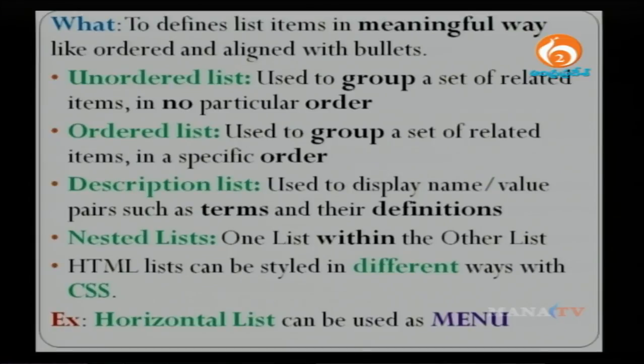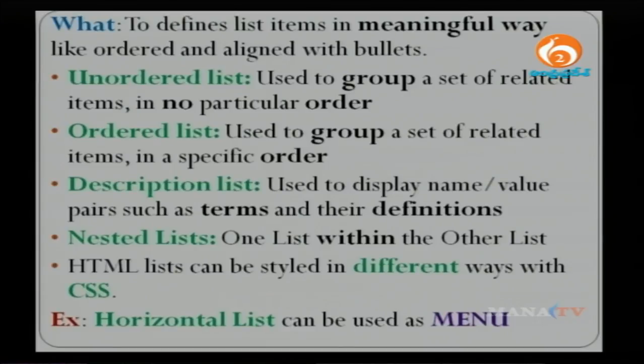So, what are the types under our list? What kind of list we have in our HTML? So, we have a lot of lists we can use in our HTML, but nowadays majorly we are using some of the lists here, and by using style sheets also we can make some different types of lists by creating CSS sheets.